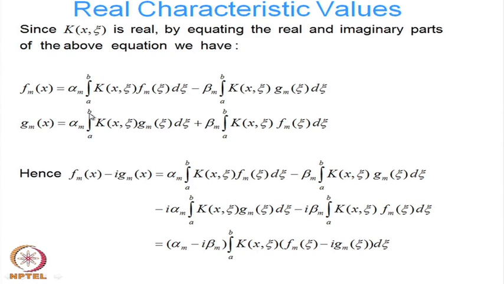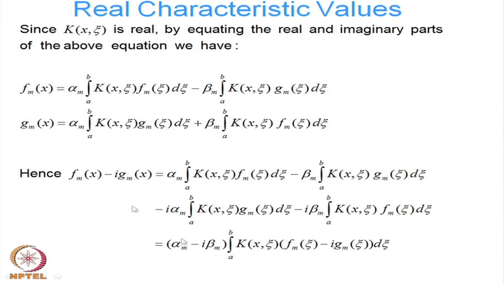Just by grouping the real and imaginary parts, I get that, and then if I write f m minus i g m and use these definitions of f m and g m in terms of alpha m and beta m, pulling those terms together, I finally end up with something like this. Just by looking at this, what do you see?